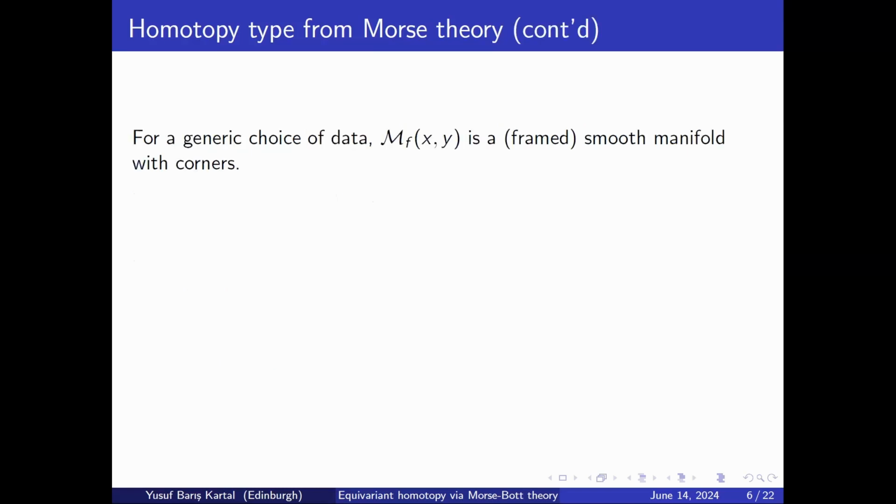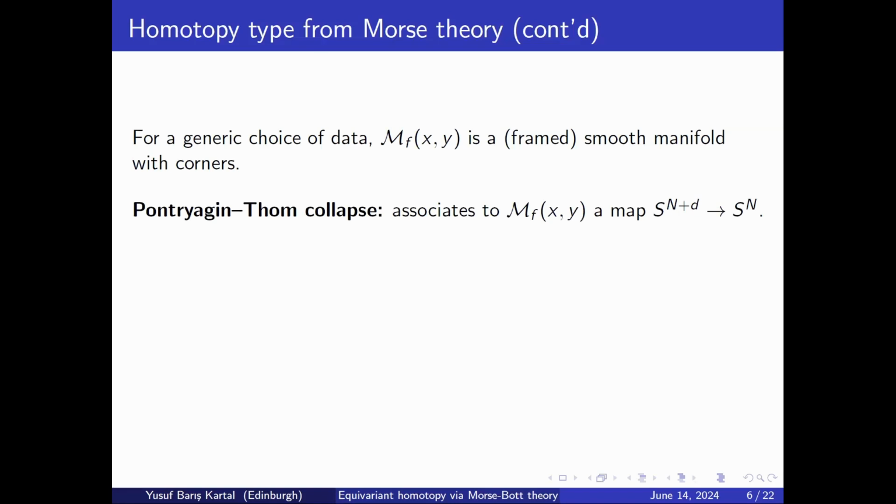Okay, so let me make a small point here. For a generic choice of metric, the auxiliary data, this thing is a smooth compact manifold with corners, of broken trajectories. And you can use the Pontryagin-Thom collapse because it's framed, right?